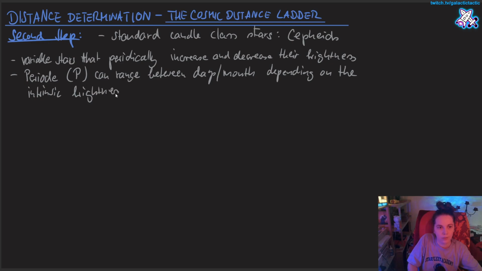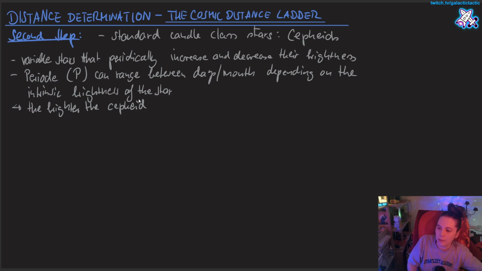So it goes like this: the brighter the Cepheid, the longer the pulsation period.